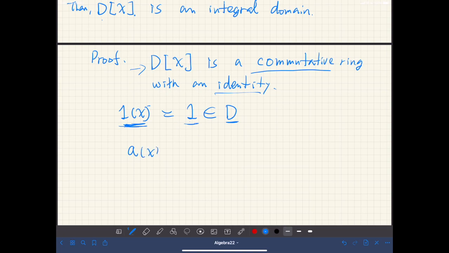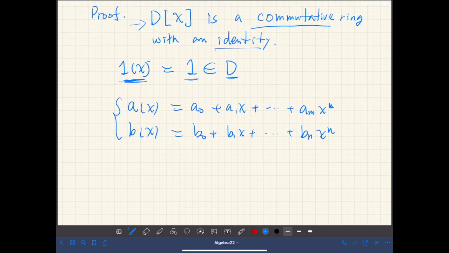If we have two polynomials a of x and b of x, then for all coefficients like a_i times b_j, since a_i and b_j are elements of this integral domain, they are commutative, so b_j times a_i.